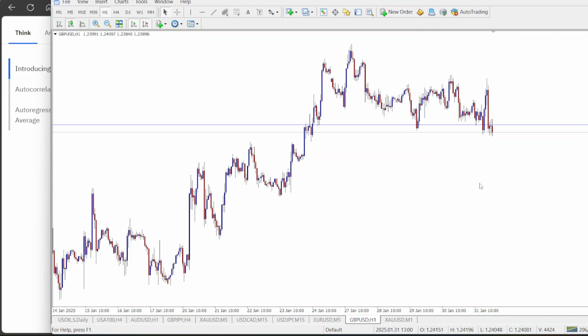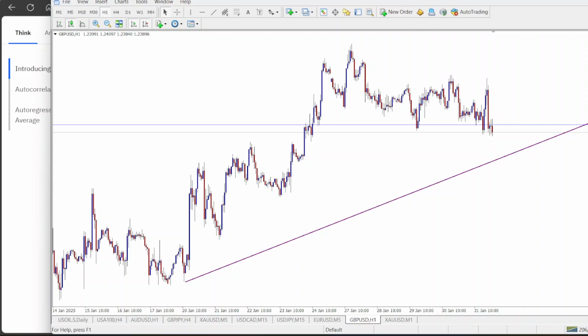By applying ARIMA, it is possible to model these cycles accurately, thereby forecasting future movements with greater confidence. Now, this approach is especially useful during periods of high volatility where traditional methods might fall short in capturing the full dynamics of the market.